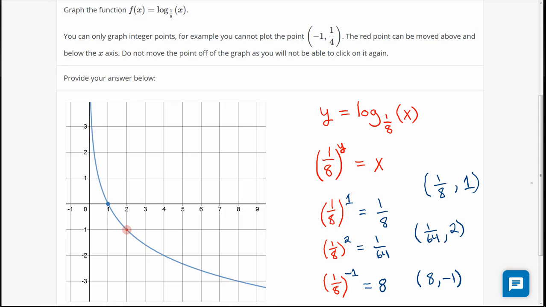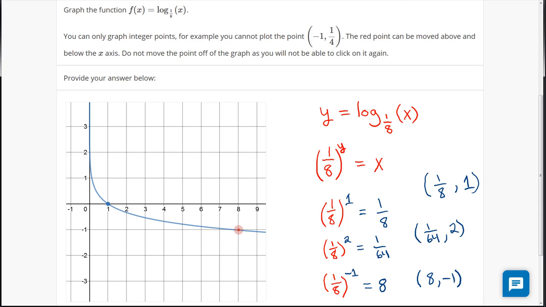Remember, that's because the exponent is always the y-coordinate, and the thing on the right-hand side is always the x-coordinate. So the x is 8 and the y is -1. And I think I can probably drag my point to that. So I want my x to be 8 and my y to be -1. That puts me at that point right there.